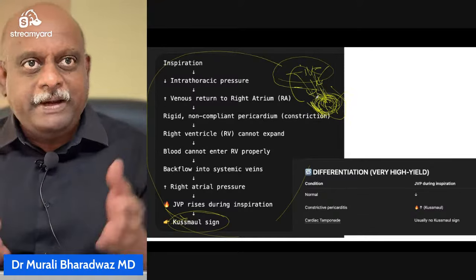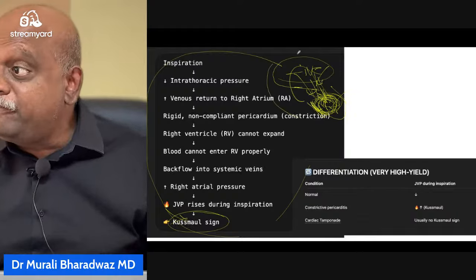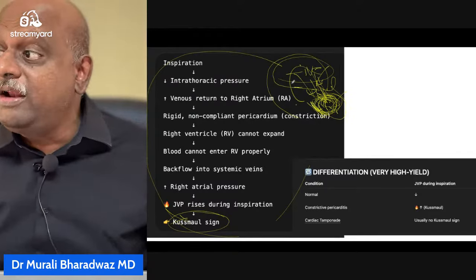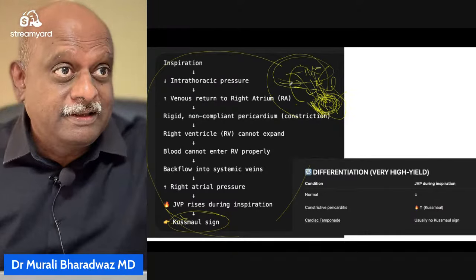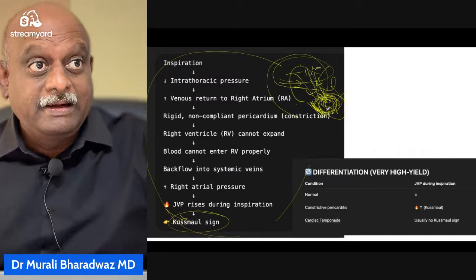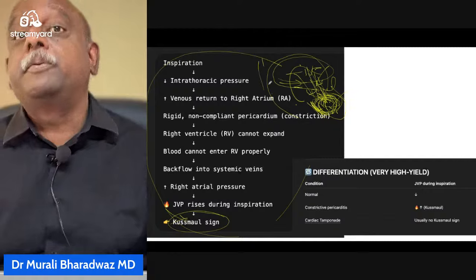It is already pregnant with blood. On top of it, inspiration is trying to push more blood. It won't accept. And the jugular vein, which is supposed to collapse during inspiration because of increased filling, doesn't collapse and remains prominent.